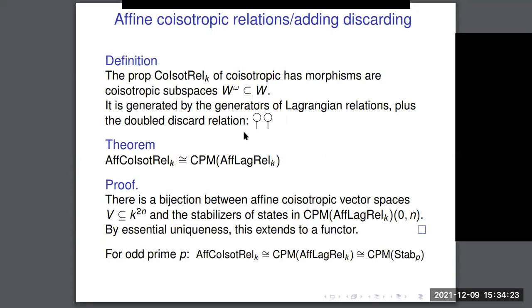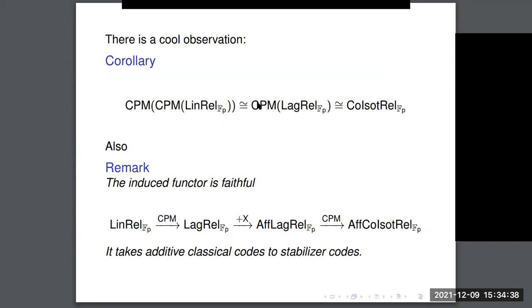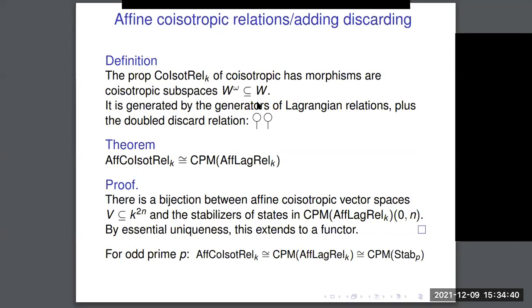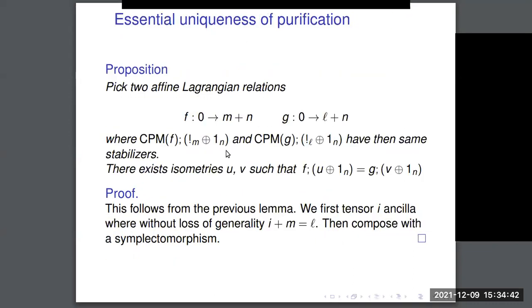It discards all of the injective maps. So I don't know what the deep connection is there, but in their proof for the stabilizer fragment, they use the essential uniqueness of purification. So their techniques are the same. They're saying something very similar, but I don't know exactly what the exact relation is.